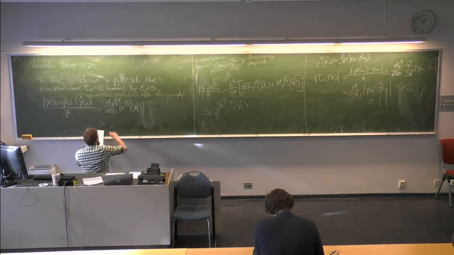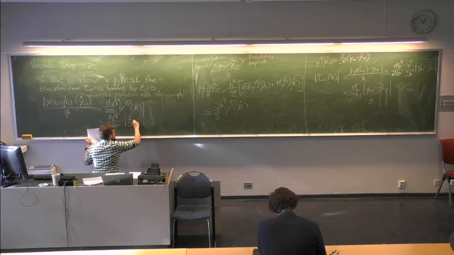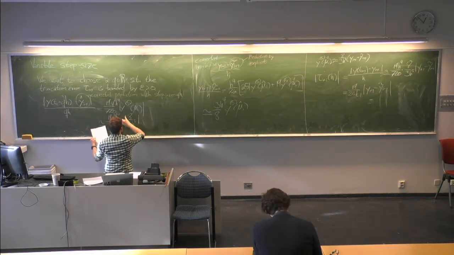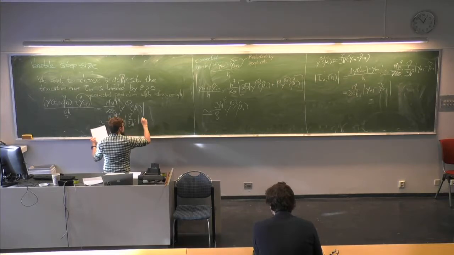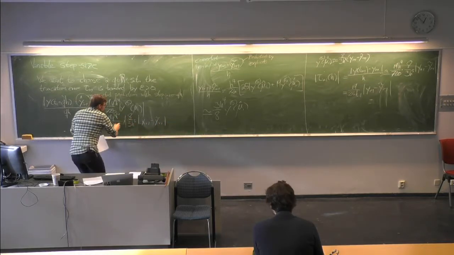There we go. 19 for h, 20, 5, minus y_{i+1} tilde, like so.